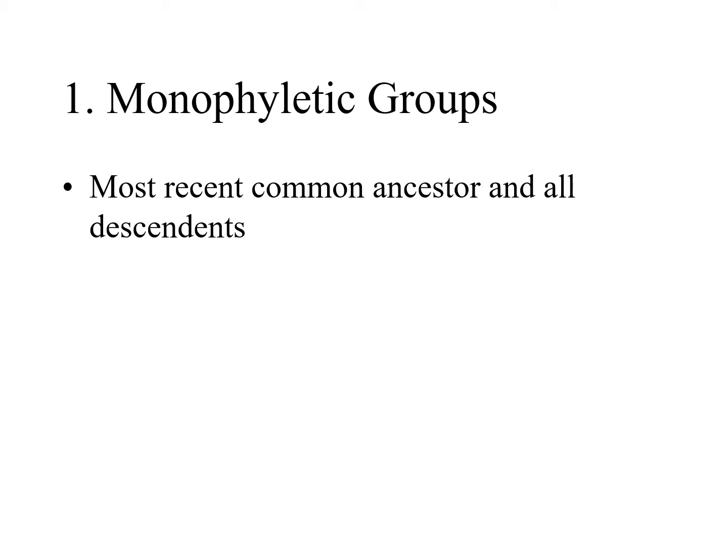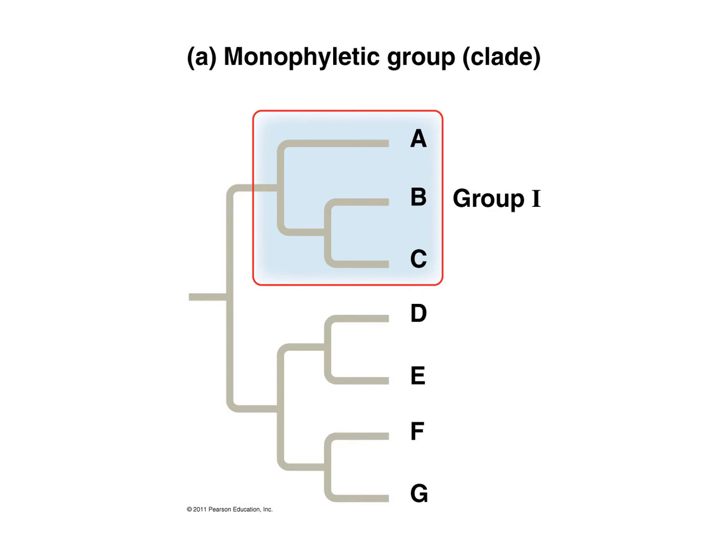So that's kind of a unique feature of cladistics, is we include the ancestor, which is no longer alive, in the group. It's part of the monophyletic grouping. So here's a little sample tree, and we can draw a box around the branch that includes A, B, C, and their recent common ancestor, and that is a monophyletic group.